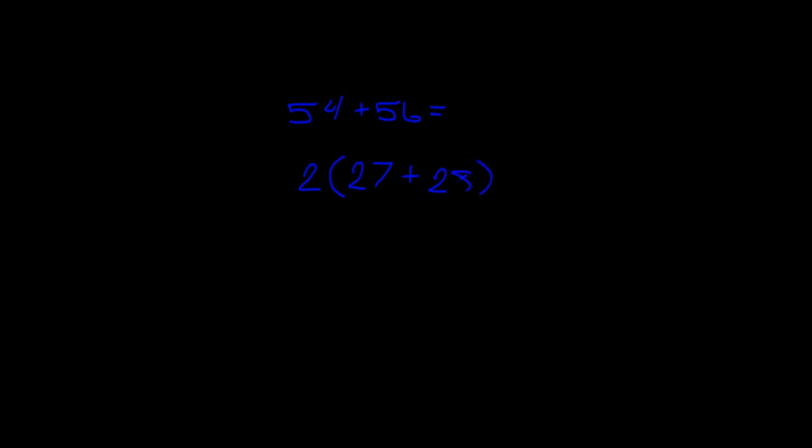Now this is still a pretty large number to add together, but 27 plus 28, so you can write this as 25 plus 25 is 50, and then left over 2, so 52, and then left over 3, so 55. So it's going to be 2 times 55, and this is simple, that is 110, which is the answer to this.